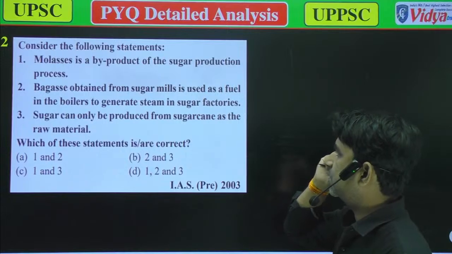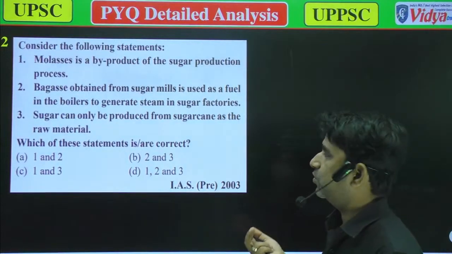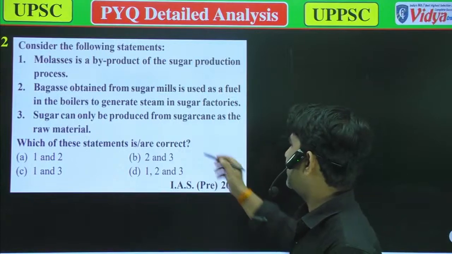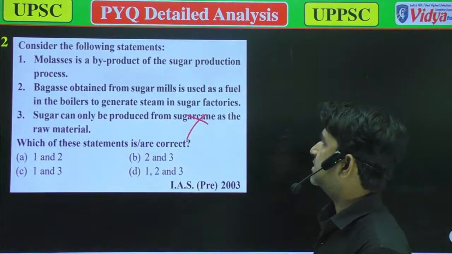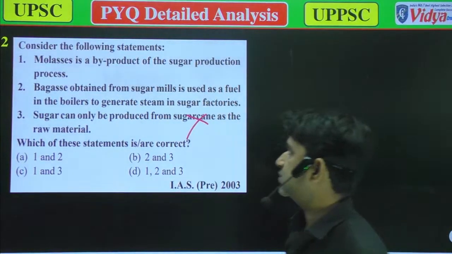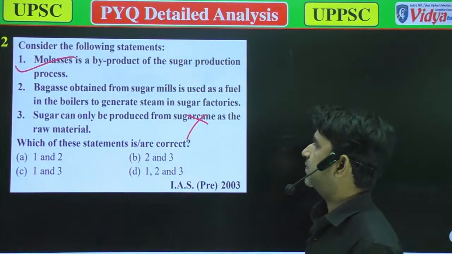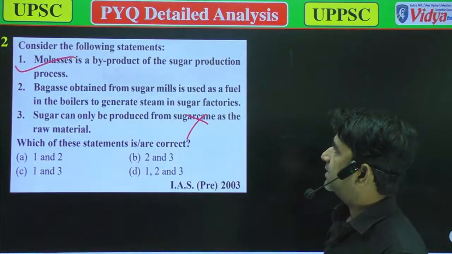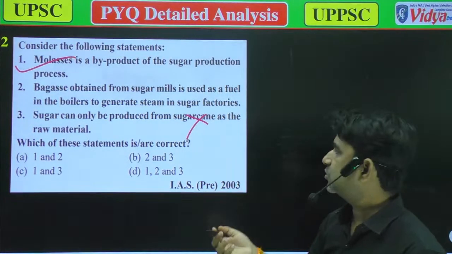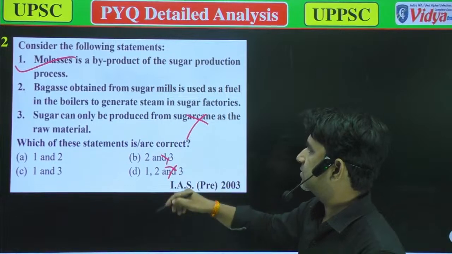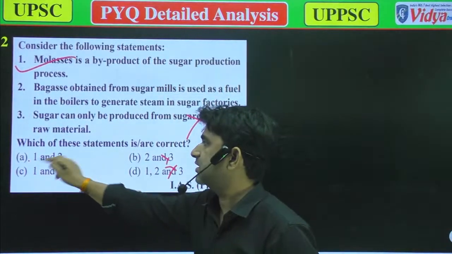No, many things can be used to produce sugar, so that's not correct. Molasses is a byproduct of the sugar production process. Yeah, that's true, because molasses is a byproduct of sugarcane mills. We can eliminate statement 3.